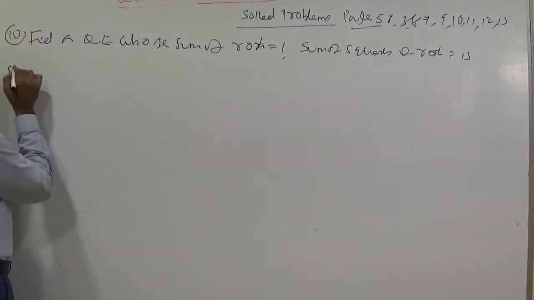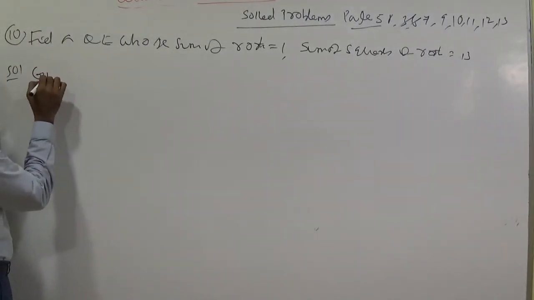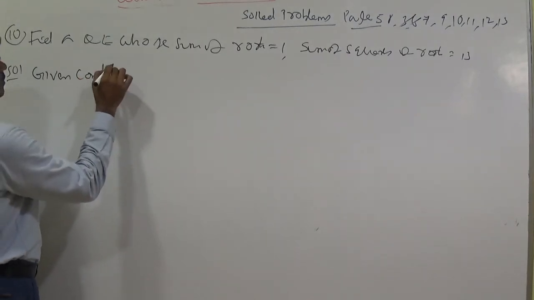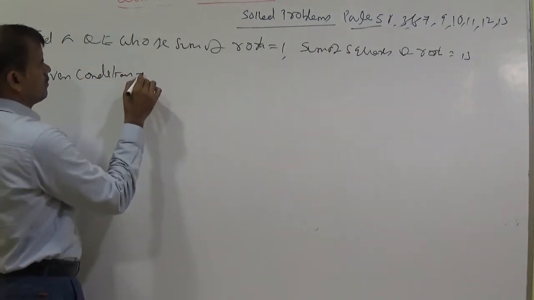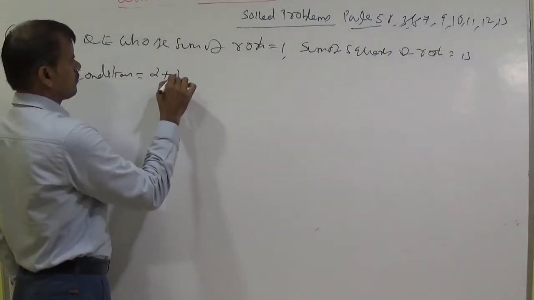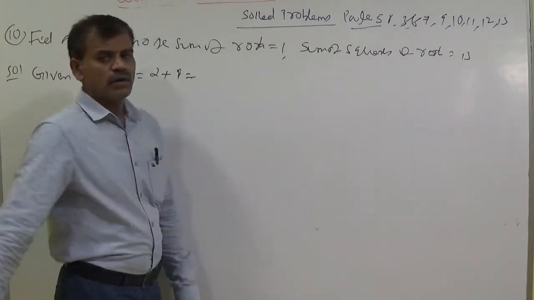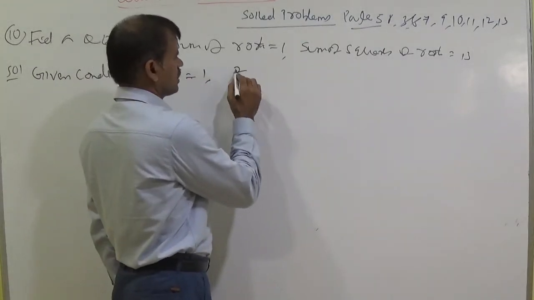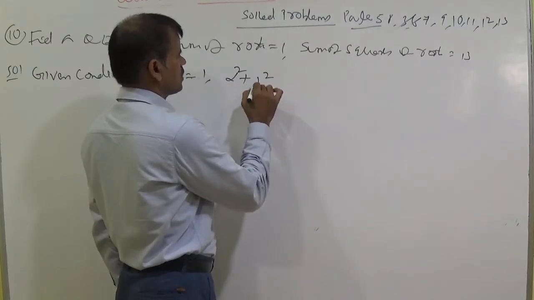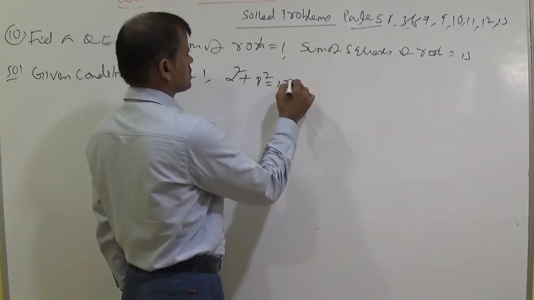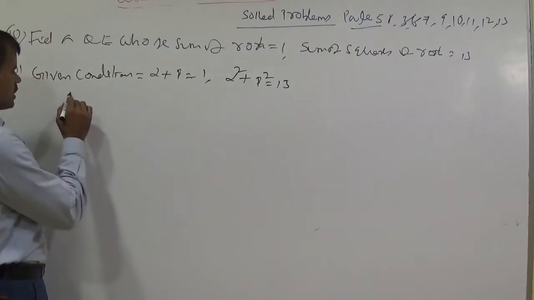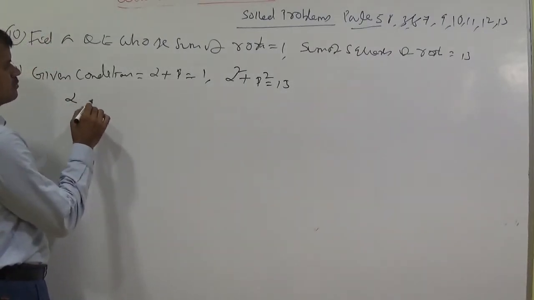So you can write the given condition: alpha plus beta is equal to the sum of roots, which is 1. Next, the sum of squares of roots, alpha square plus beta square, is equal to 13. You should calculate alpha beta.